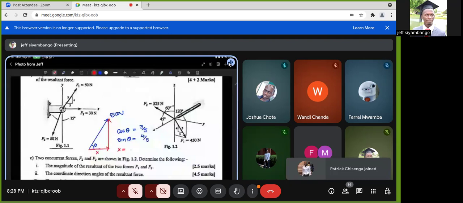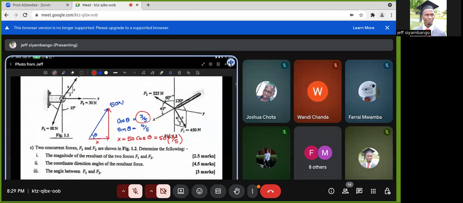So the X component will be equal to the vector itself, 50, times cosine of the angle theta. But I already saw that cosine is 3 over 5. So you have 50 times 3 over 5. In the same way, we can divide by 5 here, giving 10 times 3, which is 30.